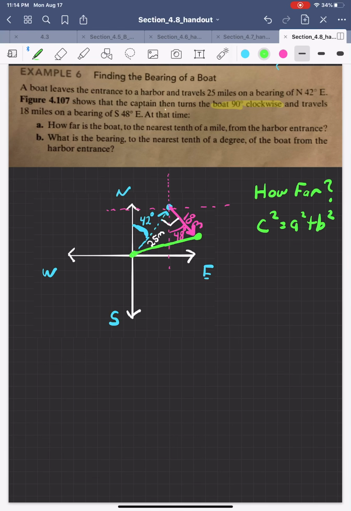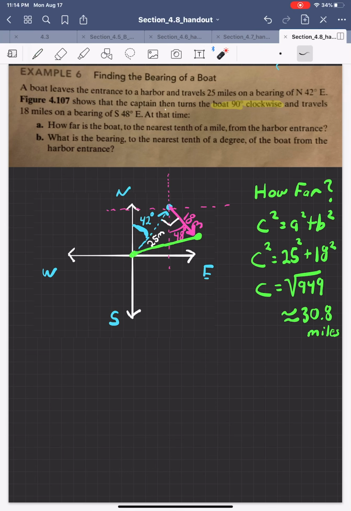So let's plug everything in. c squared is 25 squared plus 18 squared. So that means c is equal to the square root of 949, which is roughly 30.8 miles. So beautiful. Now you're on the phone, you tell them we're about 30.8 miles from you.